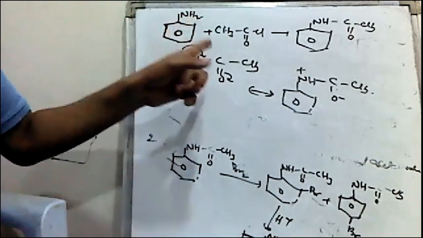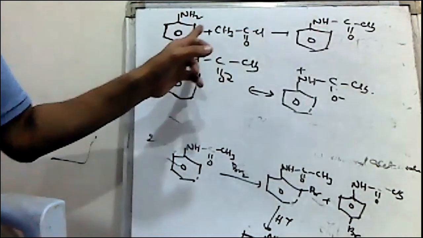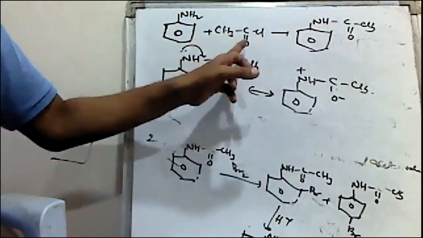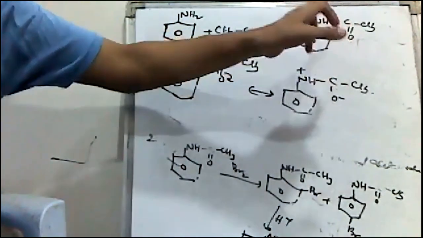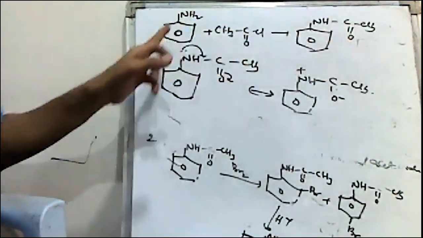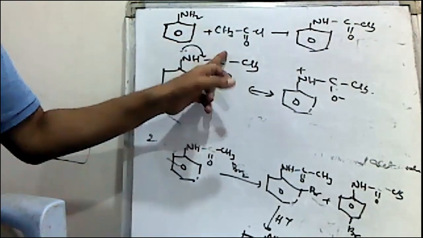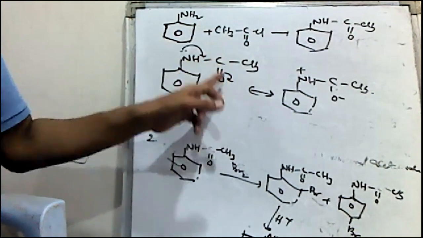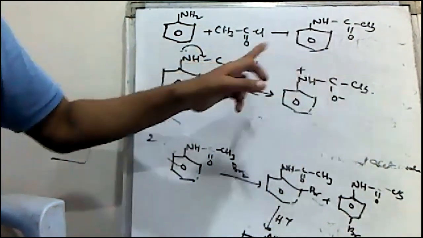During acetylation, when aniline is treated with acetic anhydride or acetyl chloride, it forms N-phenylacetamide. In N-phenylacetamide, the lone pair of electrons participates in the resonance with the carbonyl group of the amide, and it forms like this.